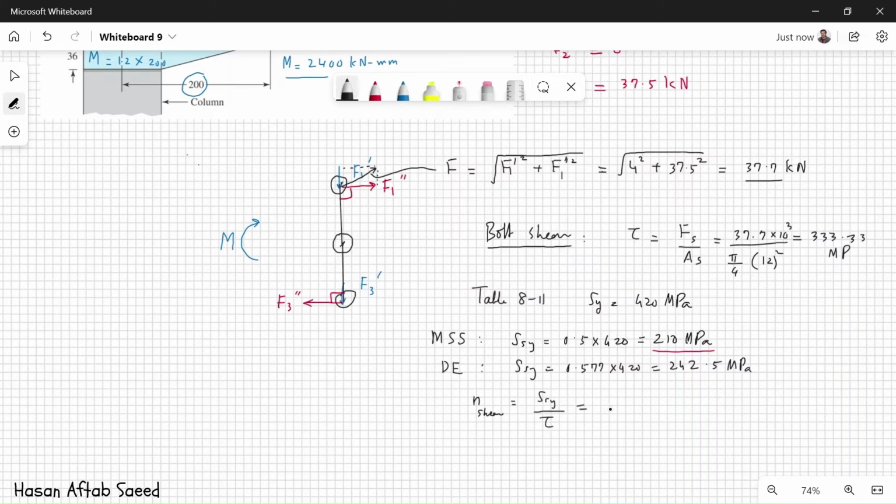And this is 210 over 333.3. This turns out to be 0.63, which is obviously not good enough. Right? The bolt fails in shear.